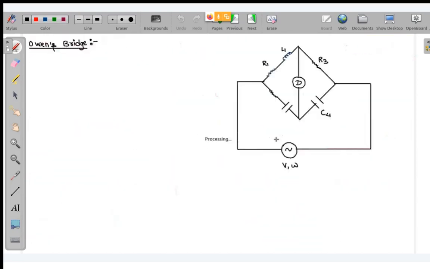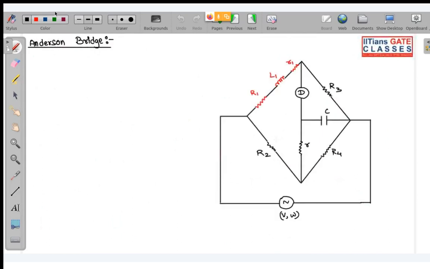So basically in Anderson bridge, this part is unknown. This is unknown. Then what is this small r1?